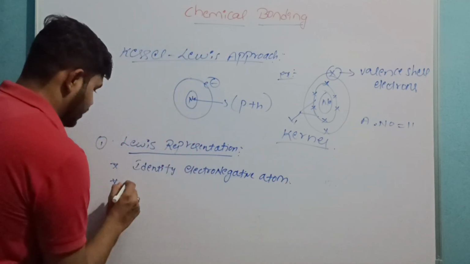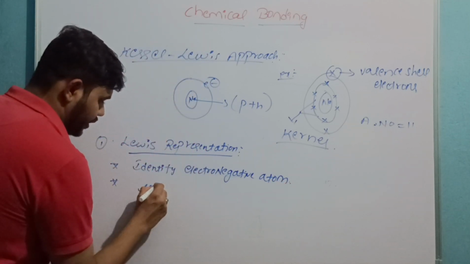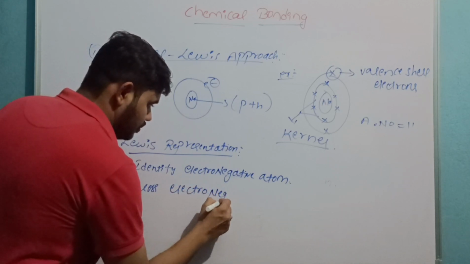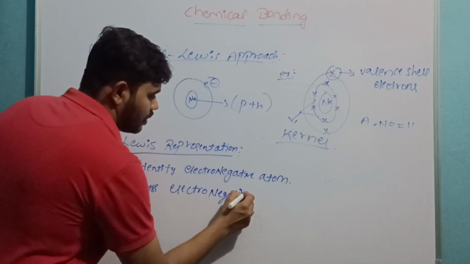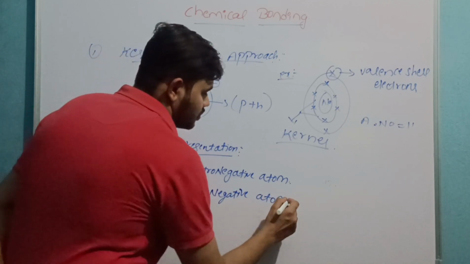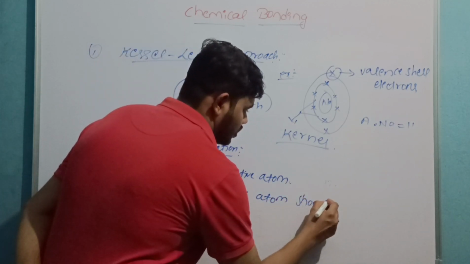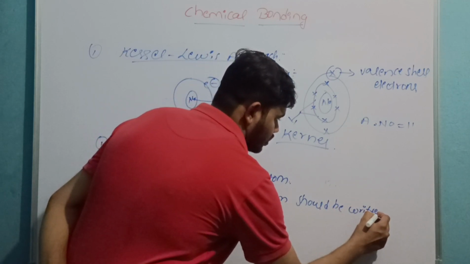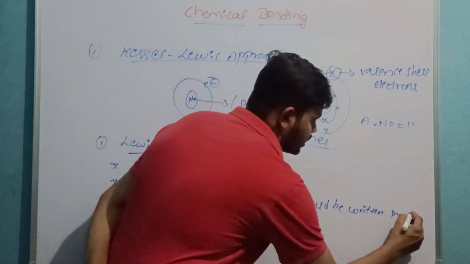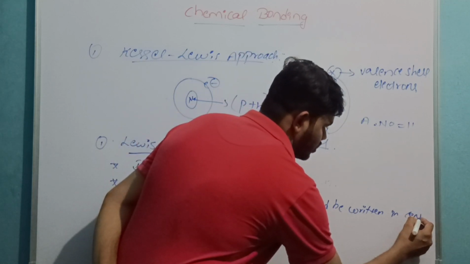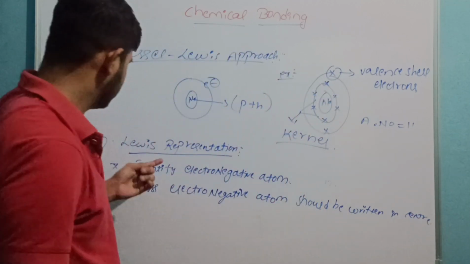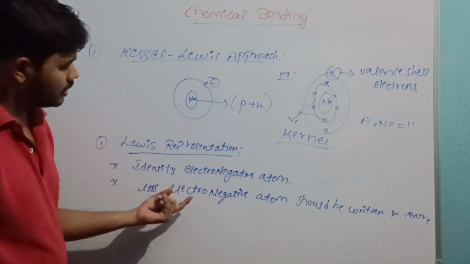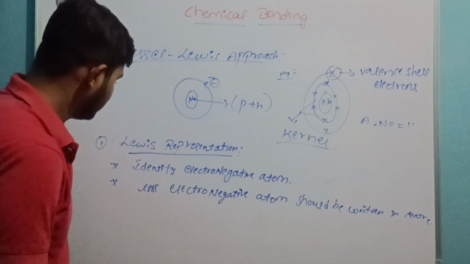Second point, the less electronegative atom should be written in the center. First we need to identify the electronegative atom, then we write the less electronegative atom in the center.